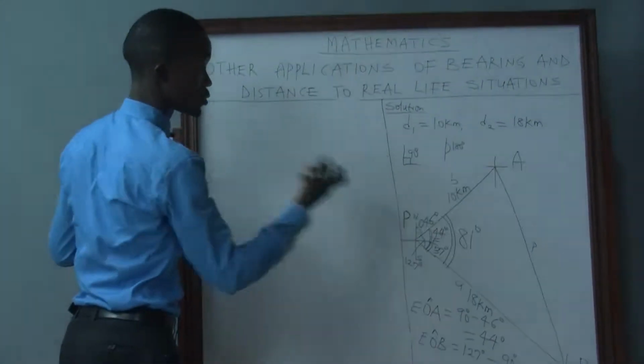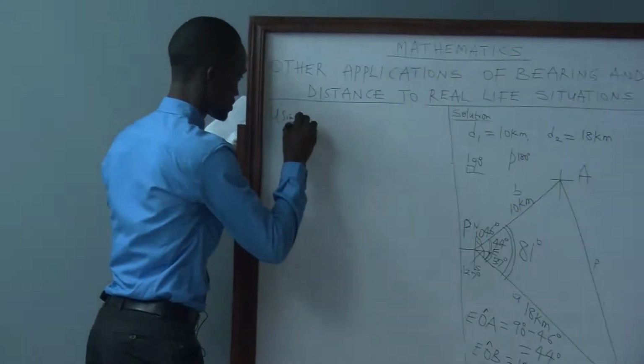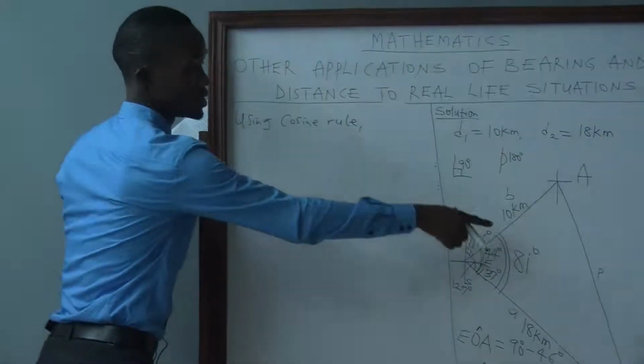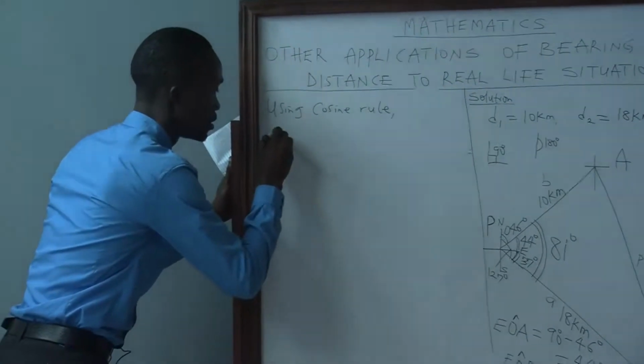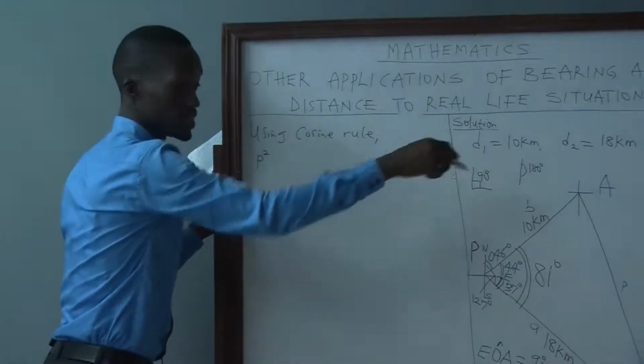So since we are using cosine rule, we state the rule. The side we are looking for, that is P, we state the rule based on the alphabet that we have in the diagram.